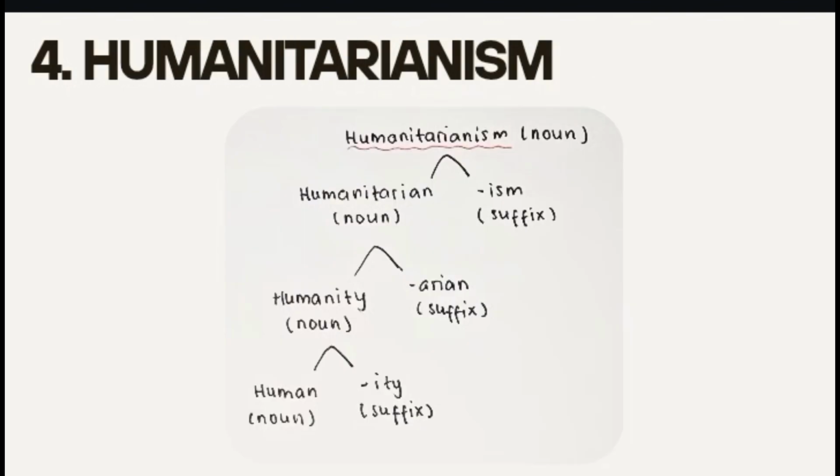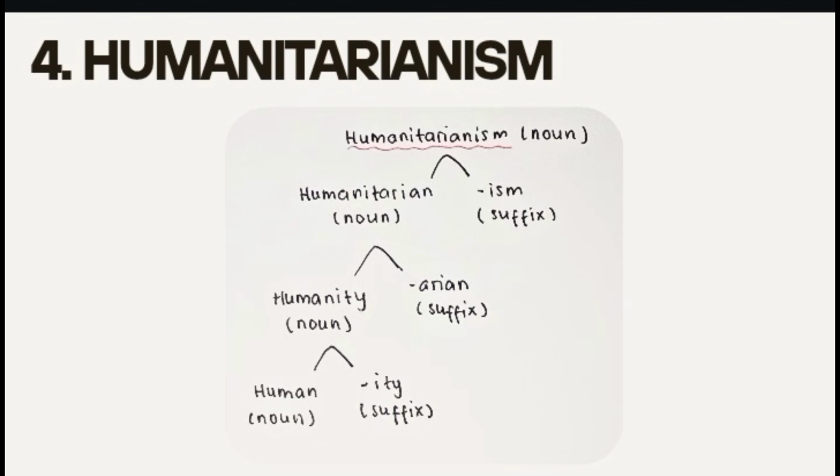Moving on to a more complex word, humanitarianism. This word has several layers of bound morphemes. The core root is human. First, we add ity, which turns it into humanity. Then we add arian, making it humanitarian.